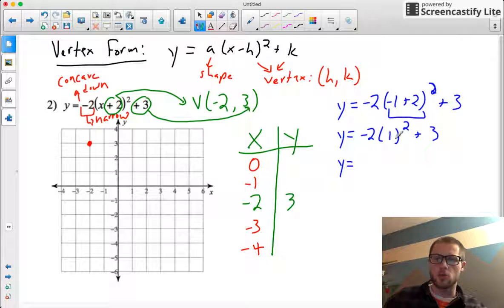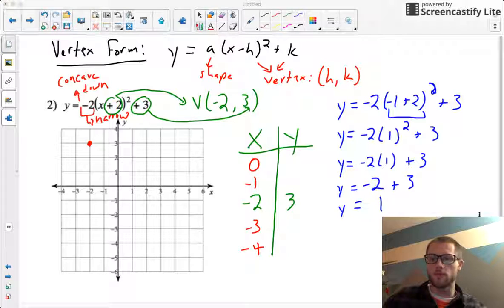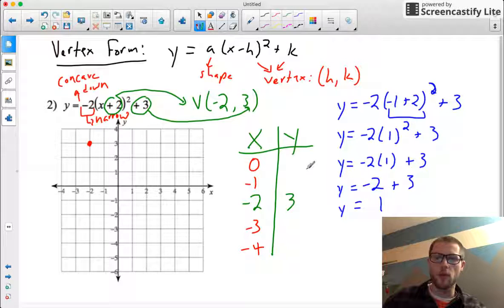Next step will be to square the 1, and that's pretty straightforward. That is -2 times 1 plus 3. And let's multiply -2 times 1 and add 3. And that's going to come out to be y equals 1. So that will be my y value when x equals -1.